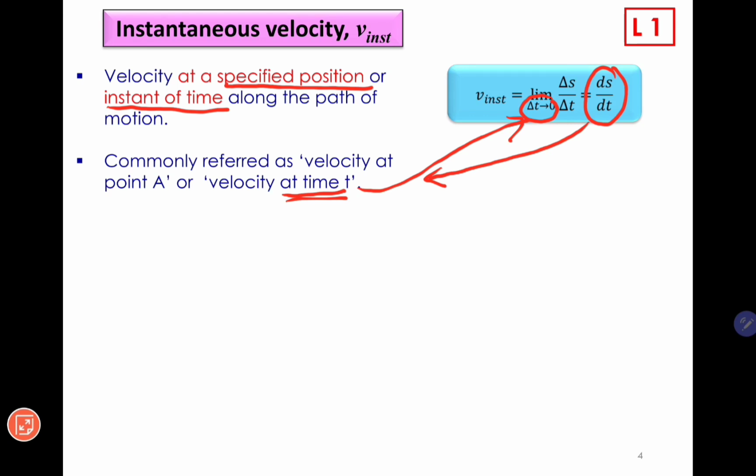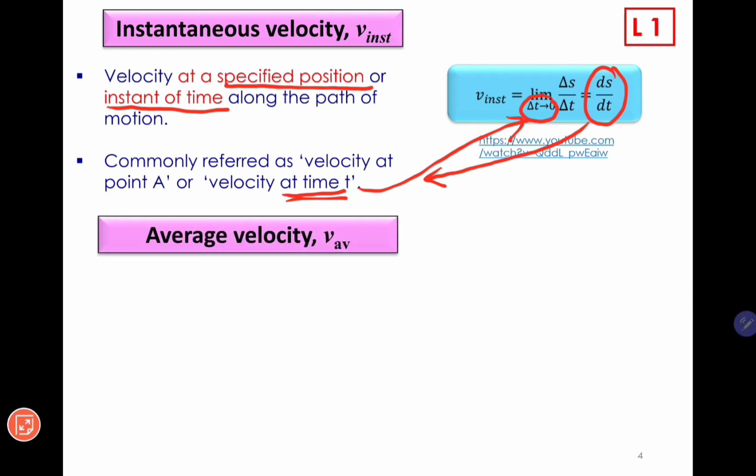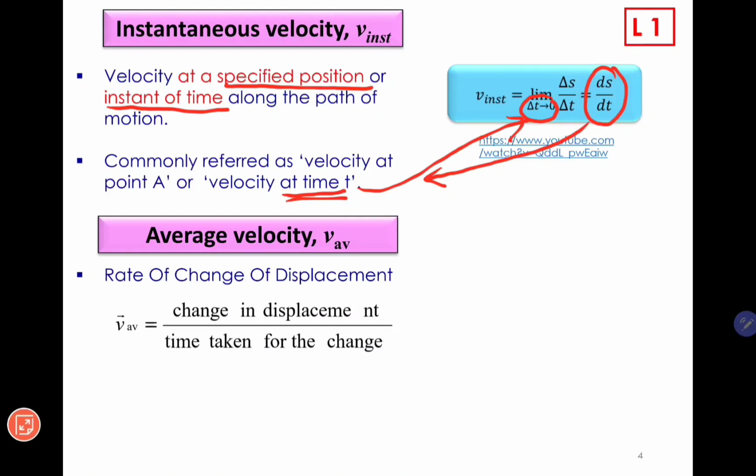Okay, next, the average velocity. What is that? Average velocity, the symbol is V average, is the rate of change of displacement, or the equation is V average equals to change in displacement divided by time taken for the change. So the equation just be like this, which is delta s over delta t.